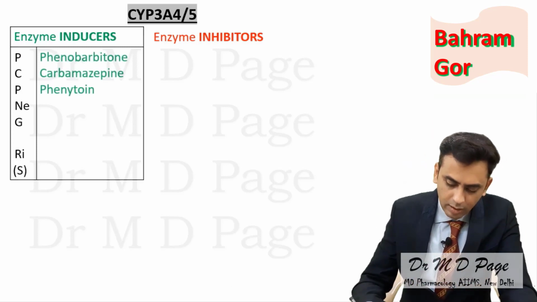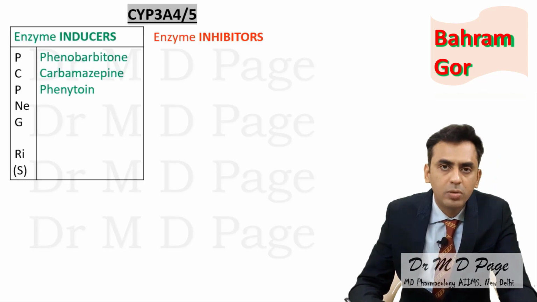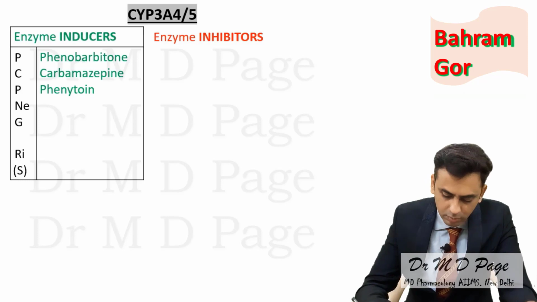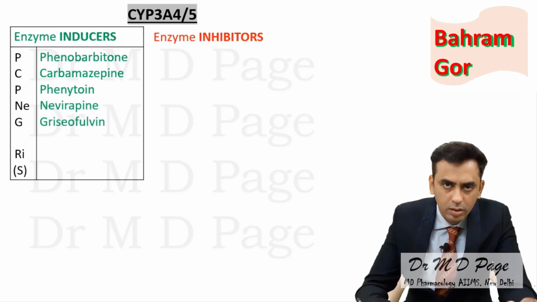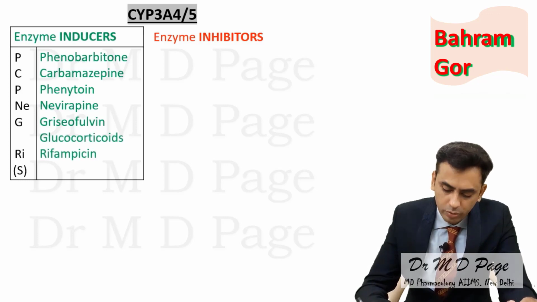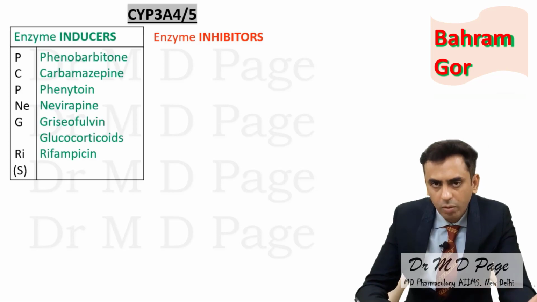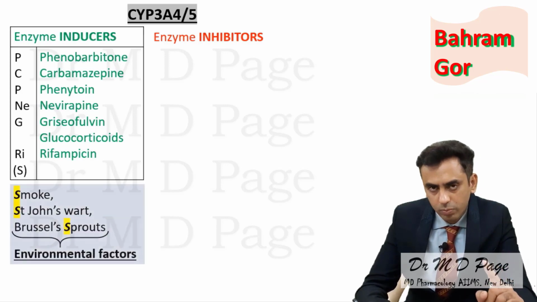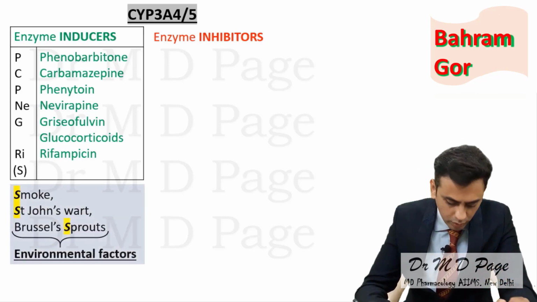PCP, these are the 3 antiepileptics, phenobarbital, carbamazepine, phenytoin. All these 3 act as inducers of this CYP3A4. Negri, nevirapine, griseofulvin, rifampicin. One more G is glucocorticoids, and I have kept S in bracket, negris. This S stands for environmental factors and it includes S for smoke, S for Brussels sprout, S for St. John's wort.